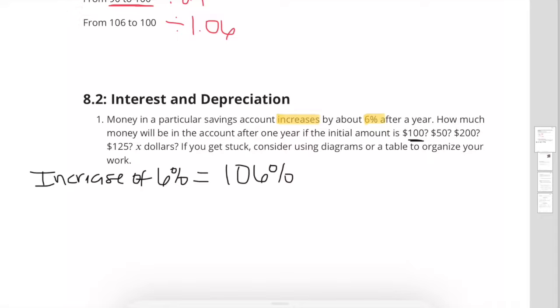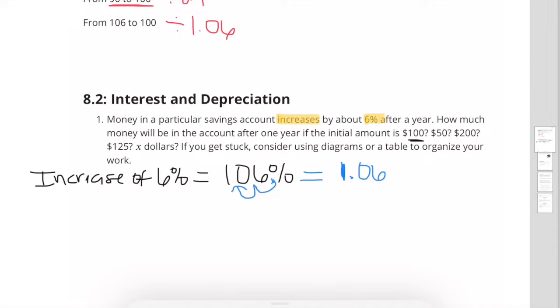So then to determine the amount of money after 1 year, I would find 106% of 100. If you remember, one way I said you could do that was to change a percent to a decimal. To do that, we just move our decimal place 2 places to the left. So 106% is the same thing as 1.06.